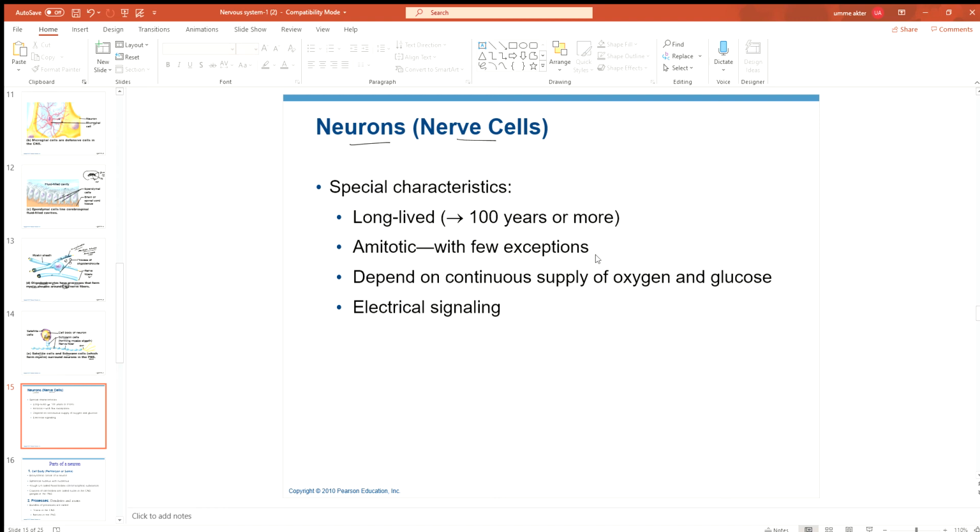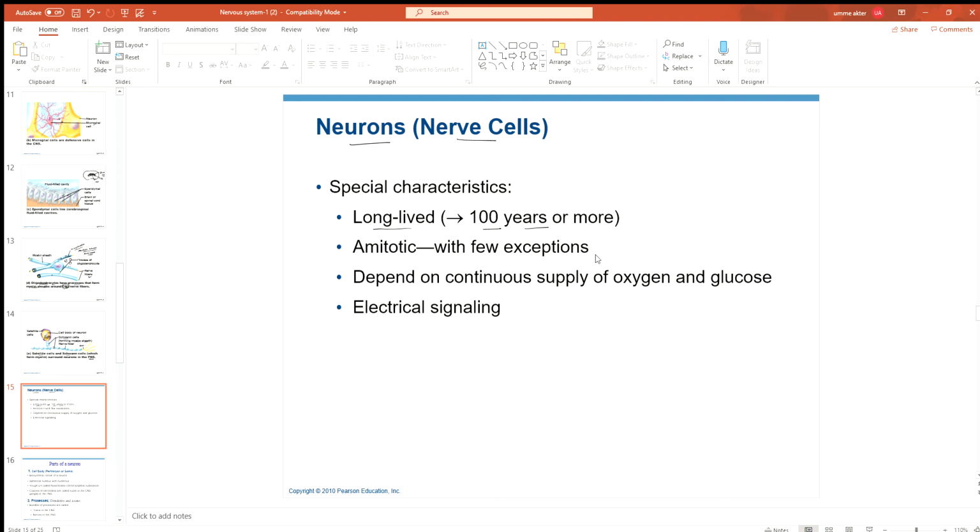So it is highly sensitive. However, if you can protect them, the neurons are very long lived, can live more than 100 years. So the lifespan could be very long if you can take care of them.